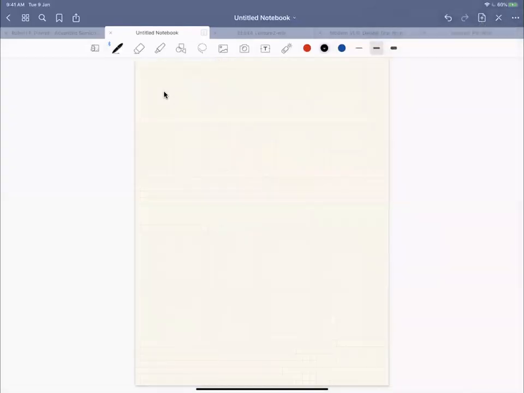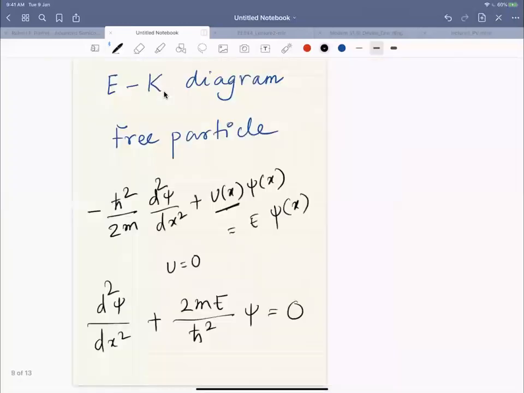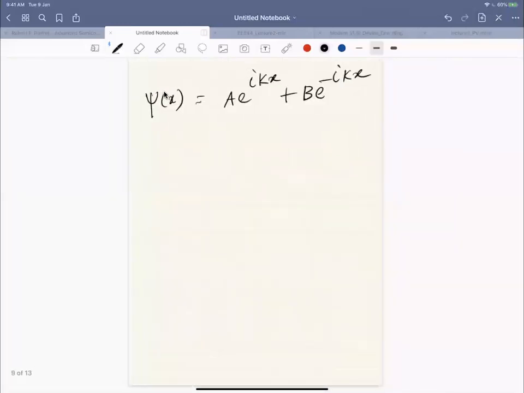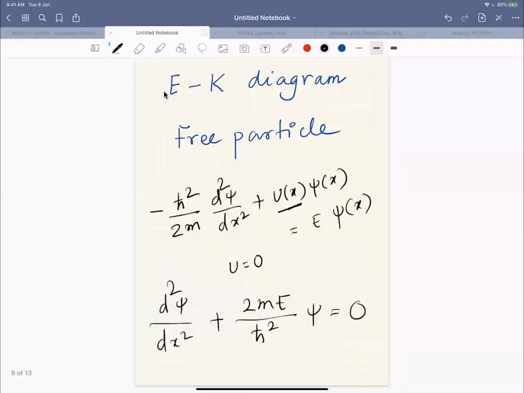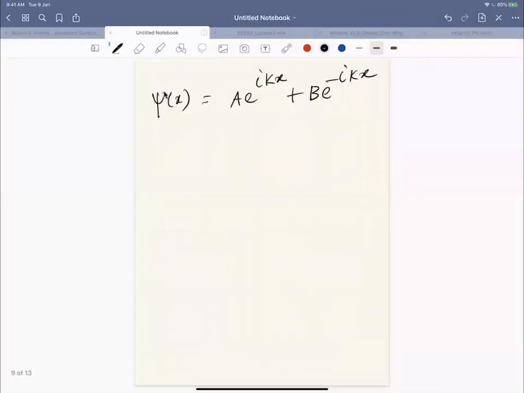The solution of this is a e to the power ikx plus b e to the power minus ikx, or you could also write it in terms of sine. The free particle behaves like a wave, so it could move in any direction, positive x direction or negative x direction.